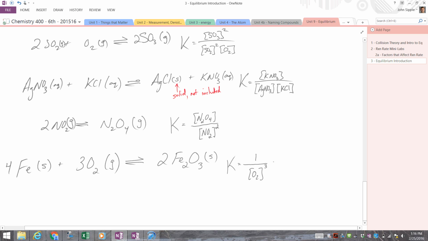It's 1 over that. Since the iron oxide's a solid, it's not included. But the one reactant that we include in there is O2, and it still goes in the denominator. You still have to put it in the denominator, so we just put a 1 over it.